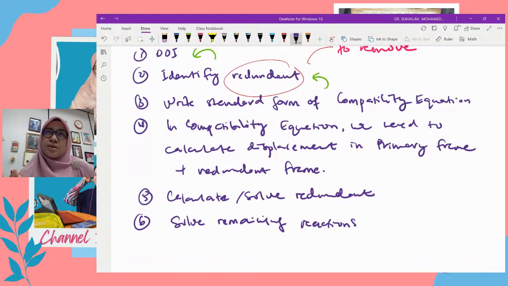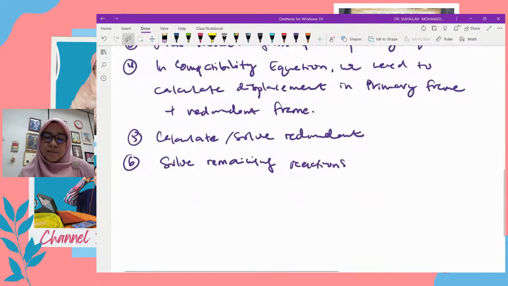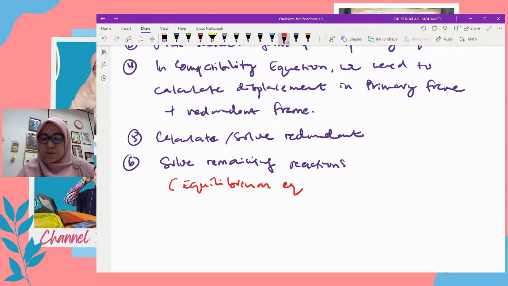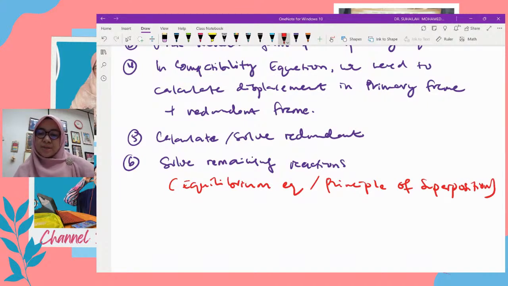Three remaining reactions. These remaining reactions can be solved either using the equilibrium equation or the principle of superposition.